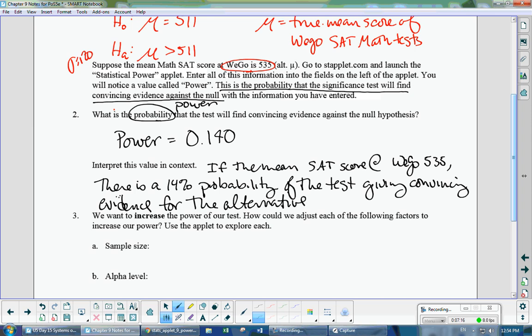So in some ways you can look at this and say, all right, the alternative being mu is bigger than 511.